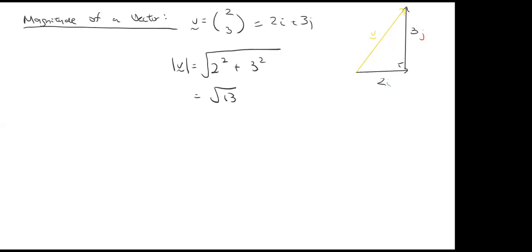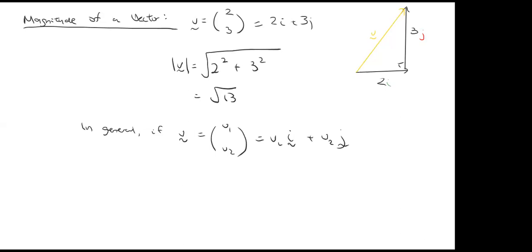And so in general then, if some vector v is composed of v1 and v2, where v1 and v2 are numbers instead of vectors, that means it's going to be v1 i plus v2 j.